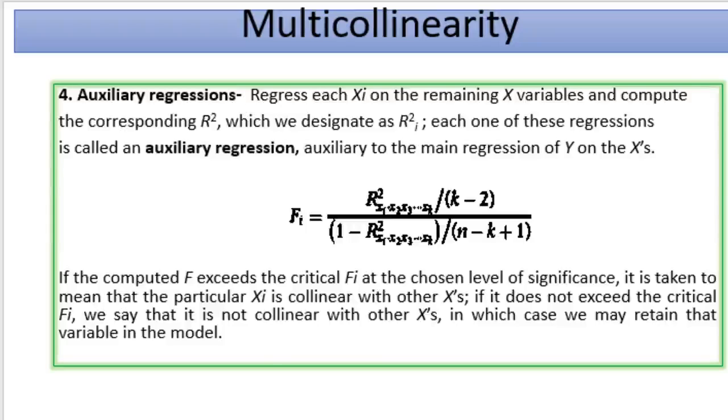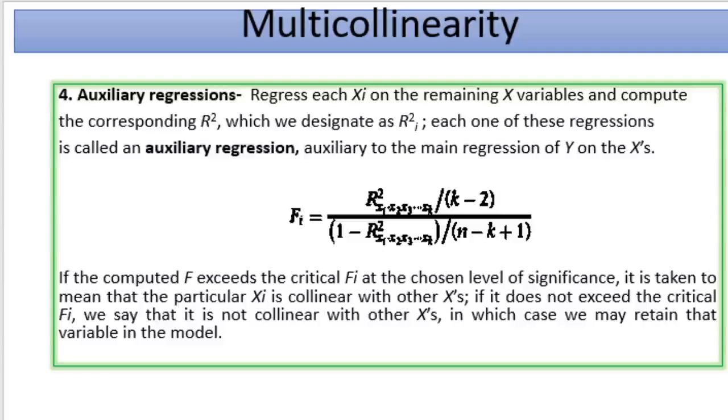Then the next one is auxiliary regression. In auxiliary regression, we regress each xi on the remaining x variables and compute the corresponding R square, which we designate as Ri square. Each one of these regressions is called an auxiliary regression.